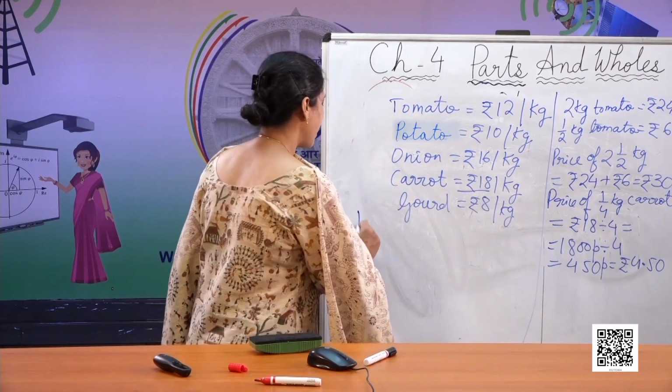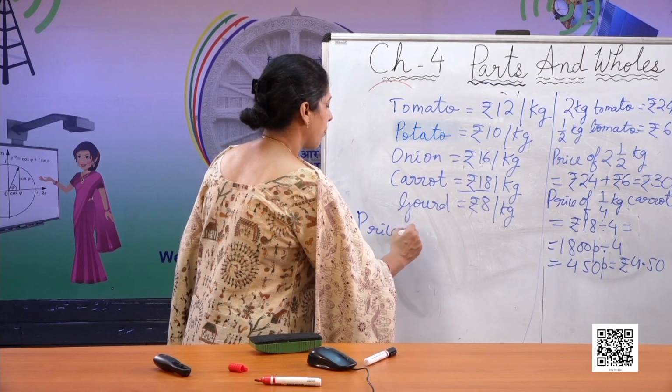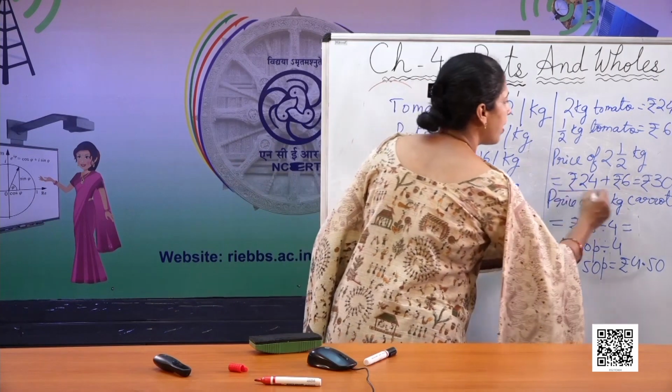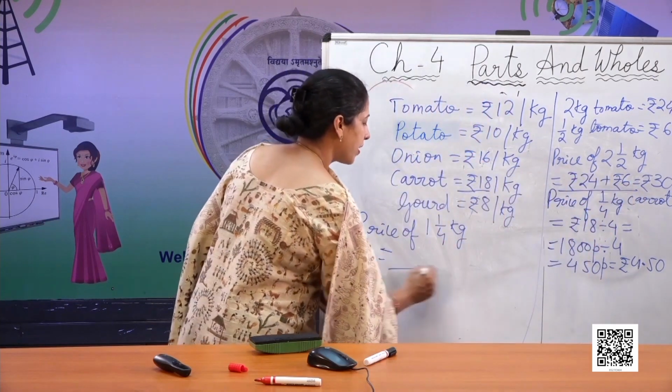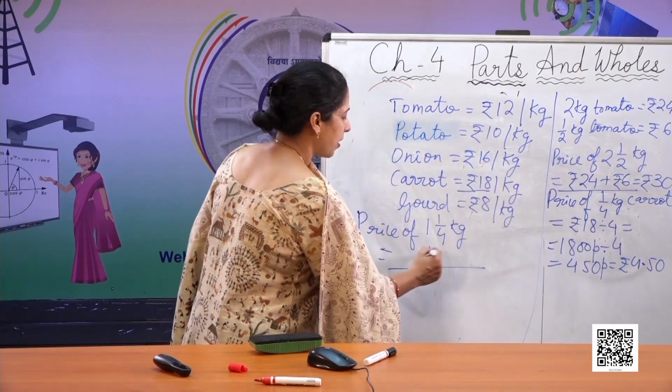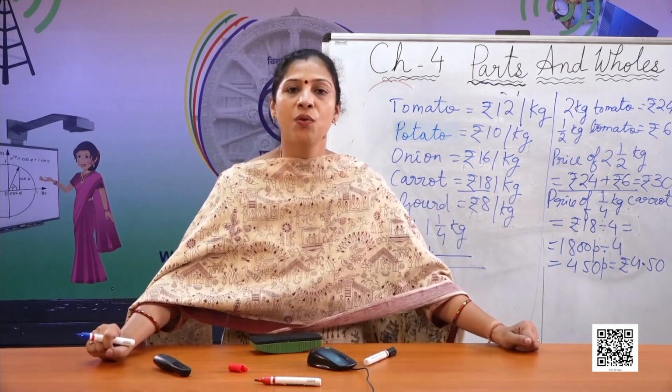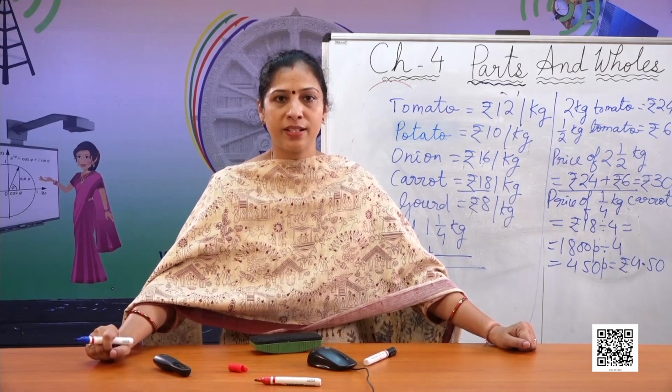So what will be the price of 1 and 1/4 kg? The way you have done here, you will do like this over here. Price of 1 kg plus price of 1/4 kg. You will find out the price of 1/4 kg of carrot.